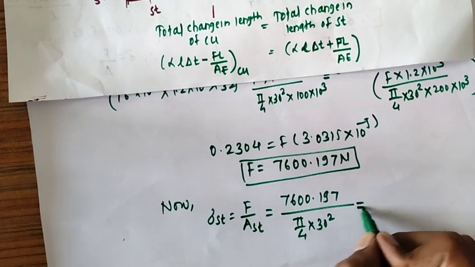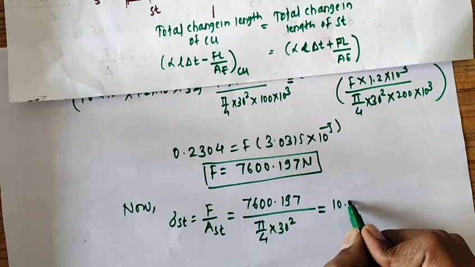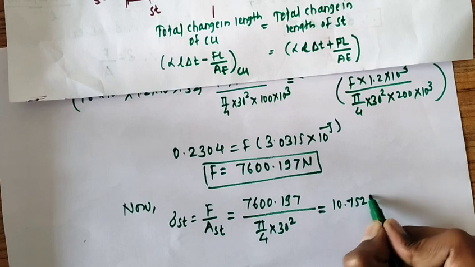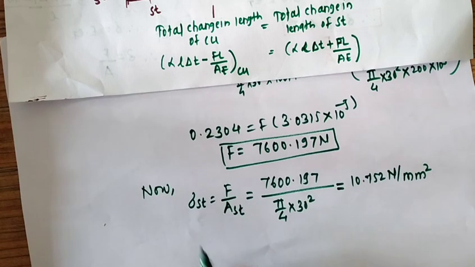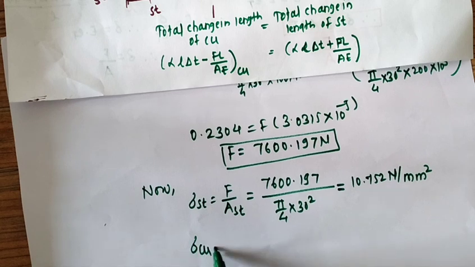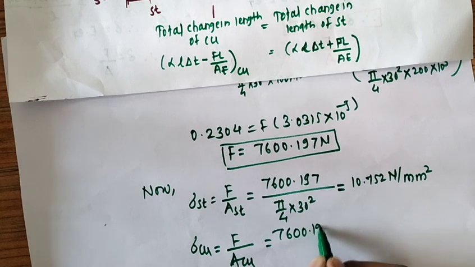If we solve this, we get the stress in steel as 10.752 Newton per mm square. Similarly, we can find the stress in copper, that is F upon A Cu. F is the same, 7600.197, upon area.